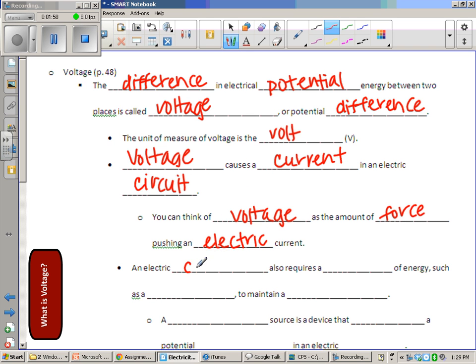Now, an electric circuit also requires a source of energy, such as a battery, to maintain a voltage.